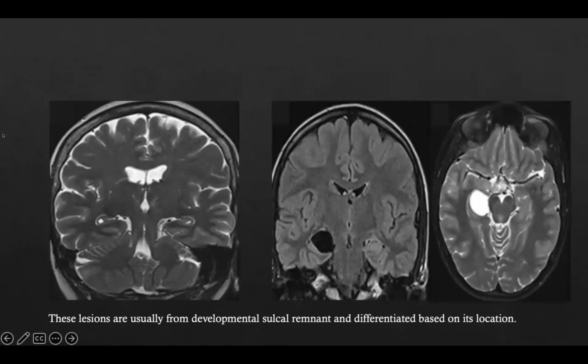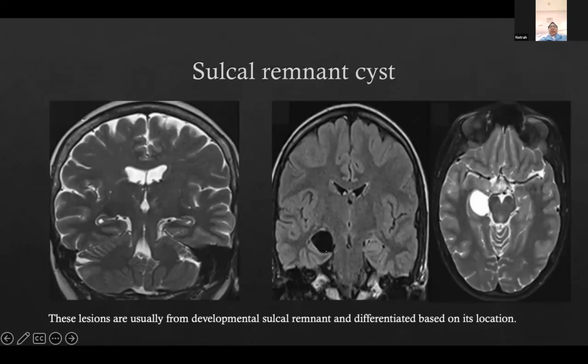Another anatomical variant would be the sulcal remnant cyst. It depends on the position of the cyst. If it's within the hippocampus itself, we call it hippocampal fissural cyst. If it's along the choroidal fissure, we call it choroidal fissural cyst. So this could also be your differential diagnosis. When you see this kind of lesion, it is not always a tumor.